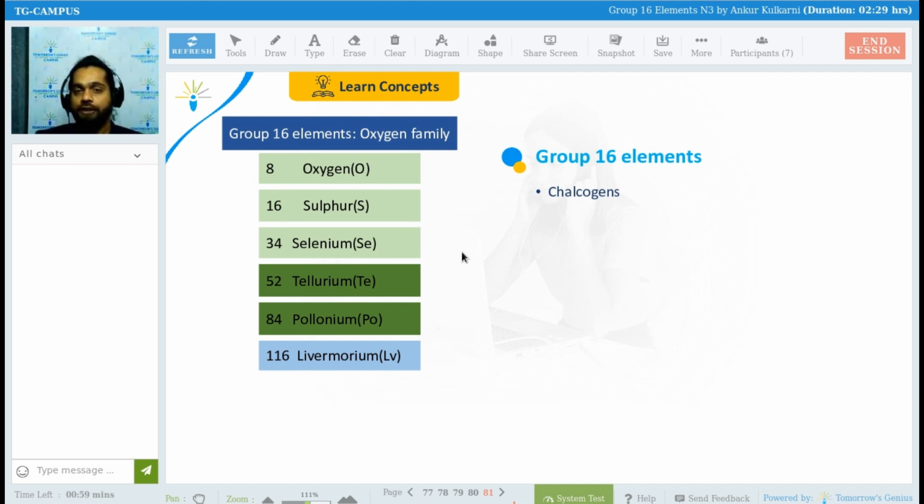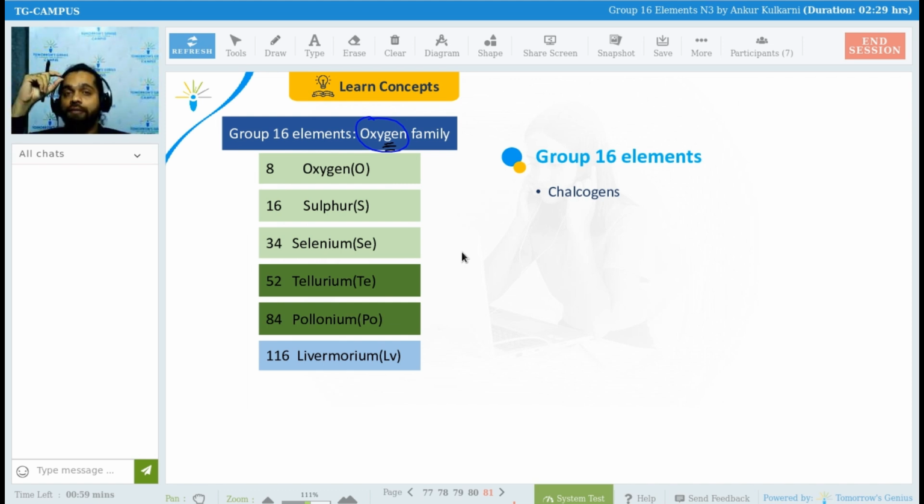Now chalcogens, your group 16. Remember always one thing, that the first element is the head of the family. You also call it the oxygen family, just like a head of a family, and people say this is his family. Oxygen is the head of the family.